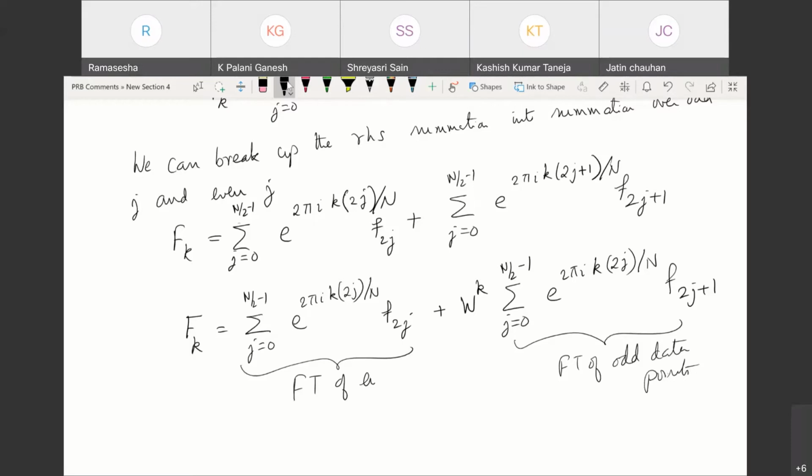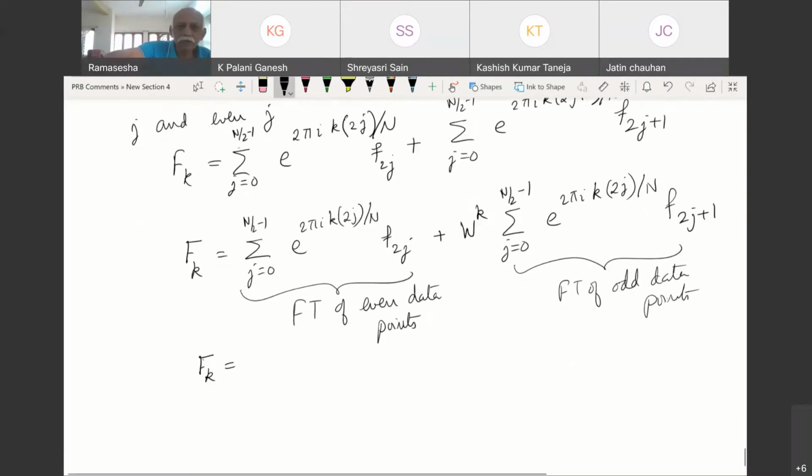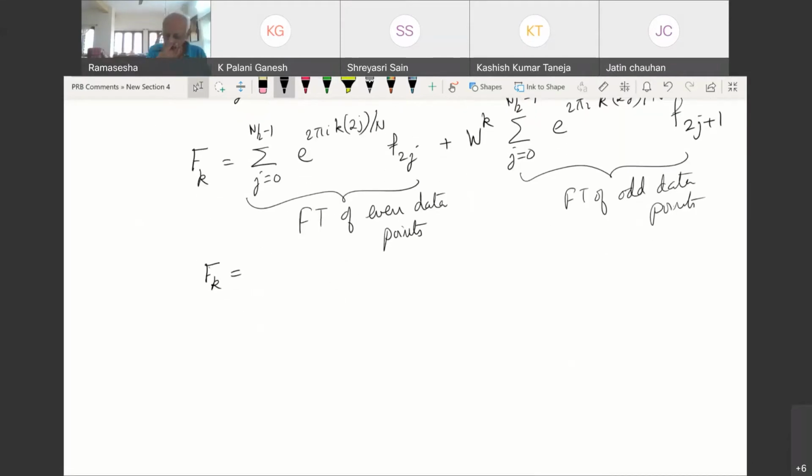So I can write f of k is equal to fk of the even set plus w to the power k times fk of the odd set.